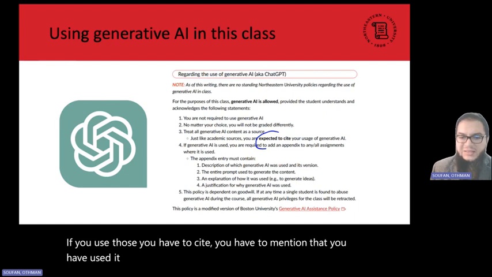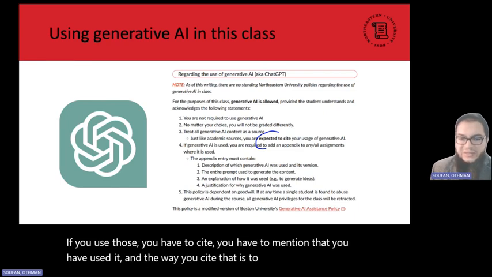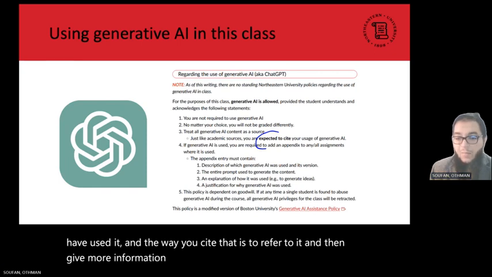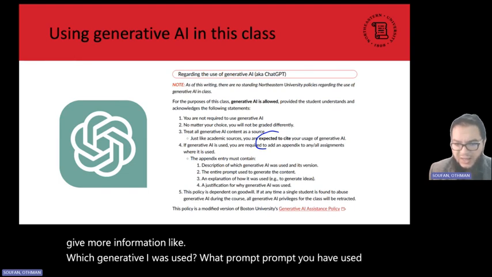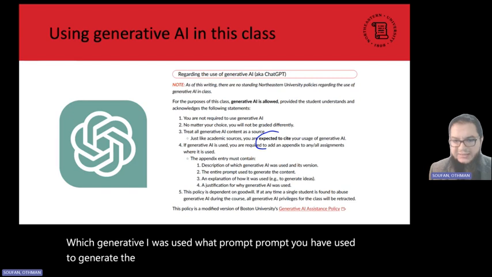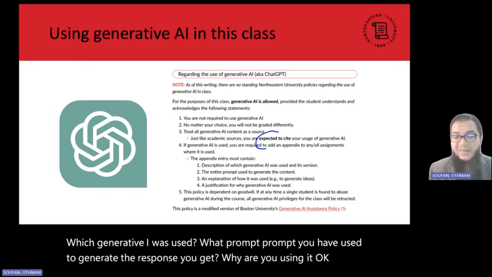The way you cite that is to refer to it and then give more information, like which generative AI was used, what prompt you used to generate the response you got, and why you are using it, okay?